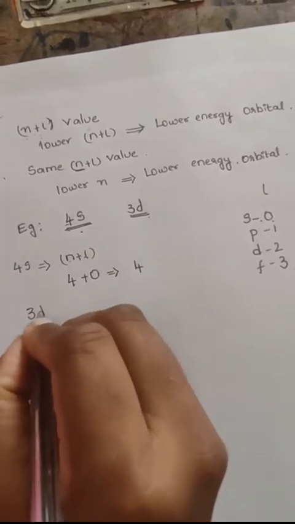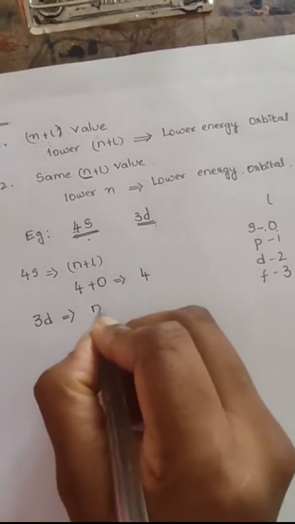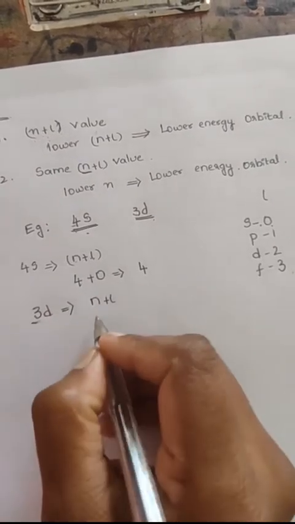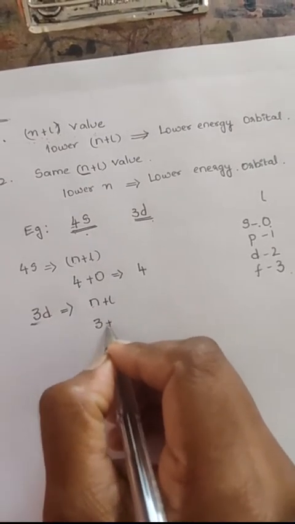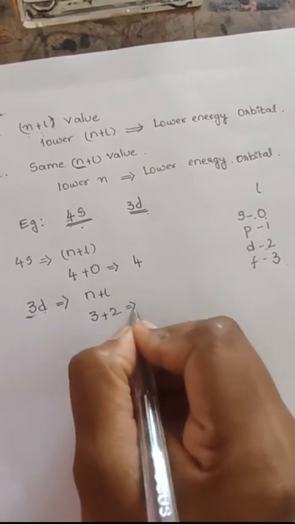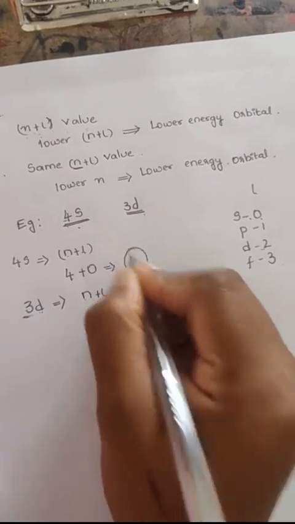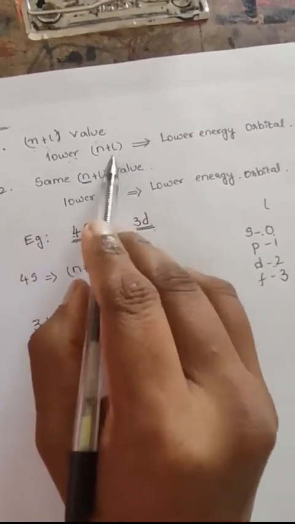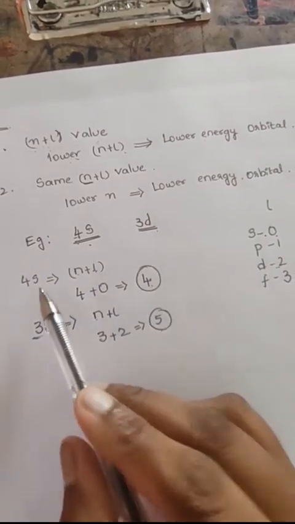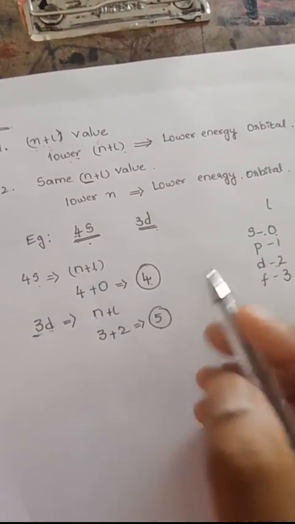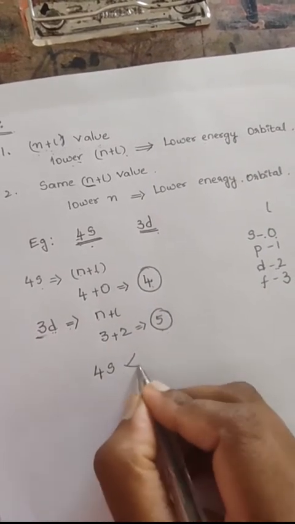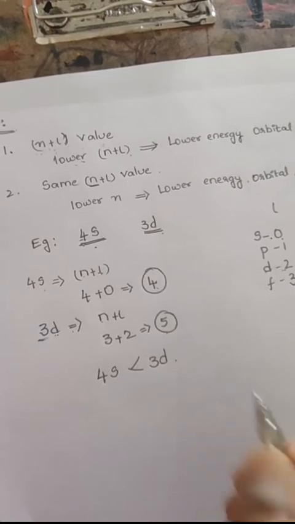For 3d orbital, the principal quantum number is 3, and for d, l is 2. So 3 plus 2, 5. Between 4 and 5, the one with the lower n plus l value will be the lower energy orbital. So here the 4s orbital has lower energy than the 3d orbital.